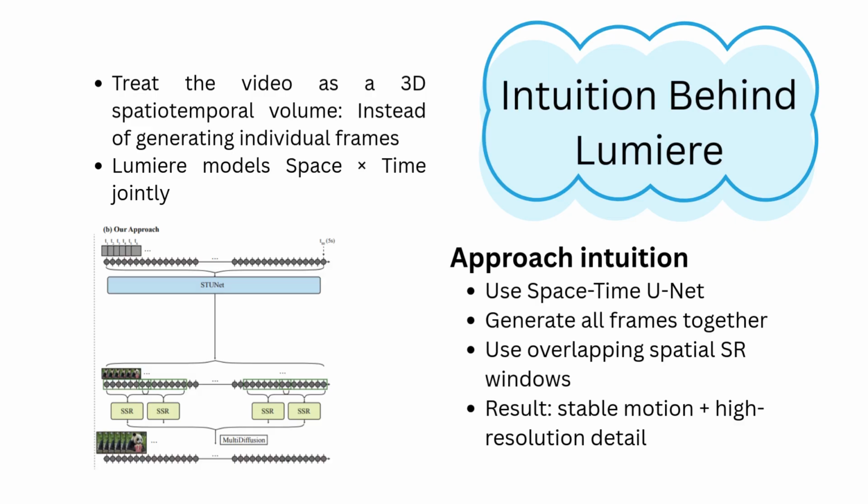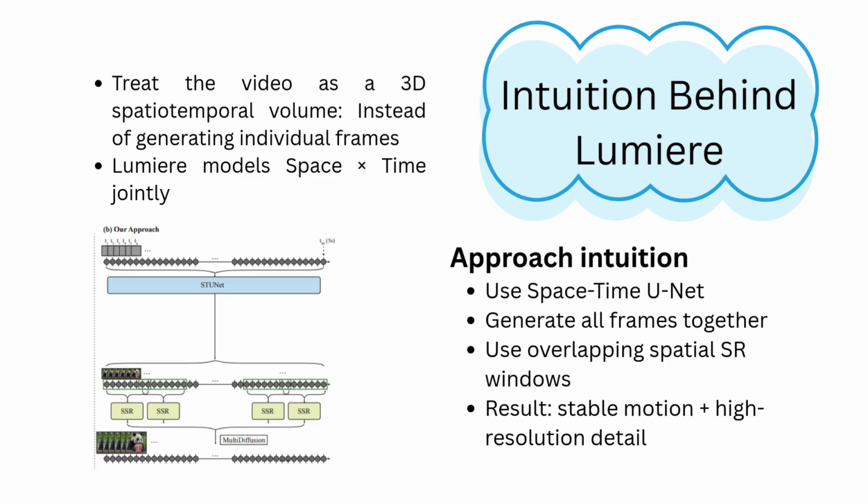This is what the paper calls the space-time UNet. So the key intuition is, if the model sees the whole spatial temporal volume at once, it can ensure that the motion is globally coherent. This means that the model learns how objects move, how the texture patterns stay fixed, and how motion flows across the full video. After generating a low resolution coherent video, the next step is to increase the spatial resolution.